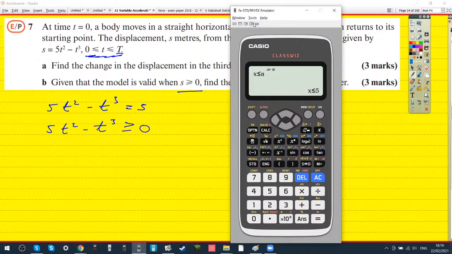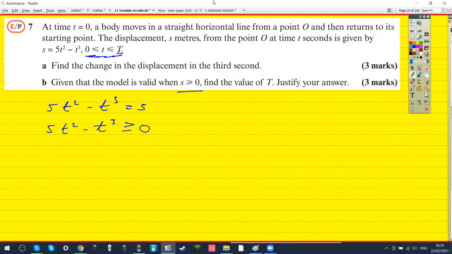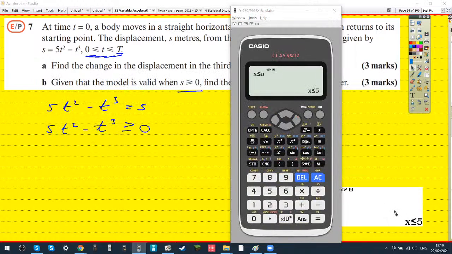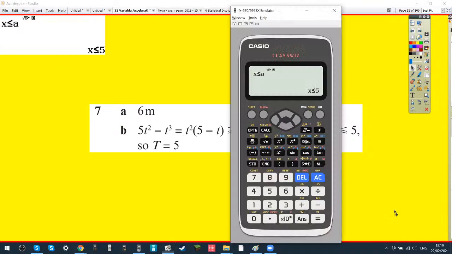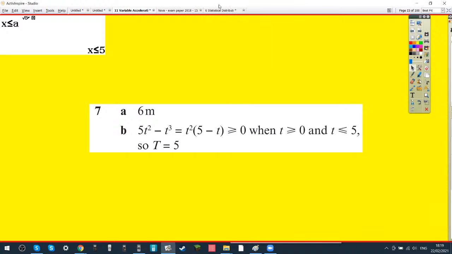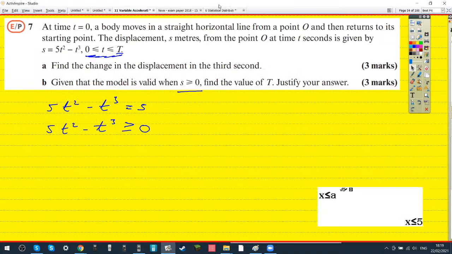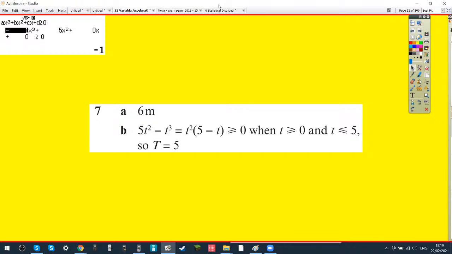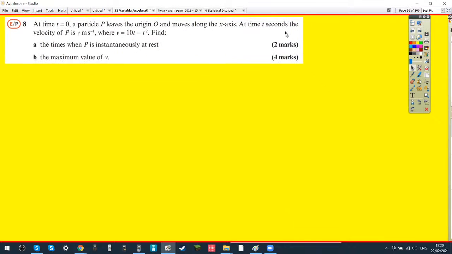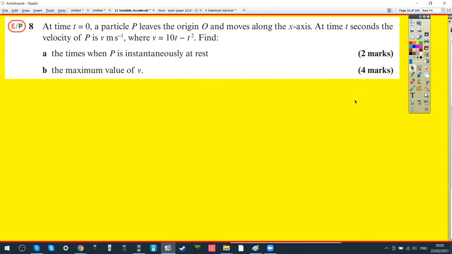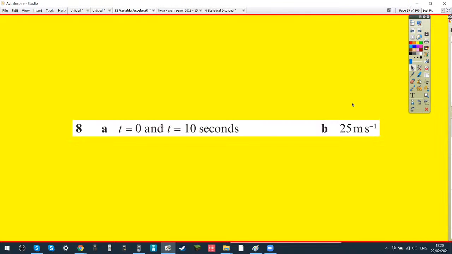And so what is the value of t? 5. Yeah, t is 5. Great. And I'll get that one as well. 6 meters was the first one. Yeah, that was okay. T is 5. The times when it's instantaneously at rest. Yeah, fine.